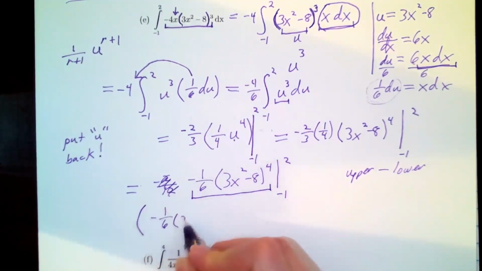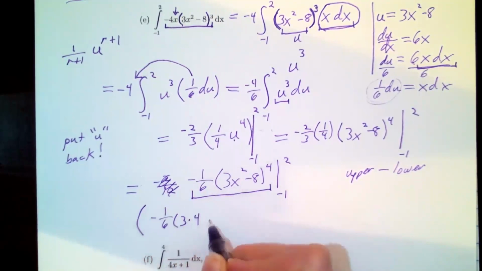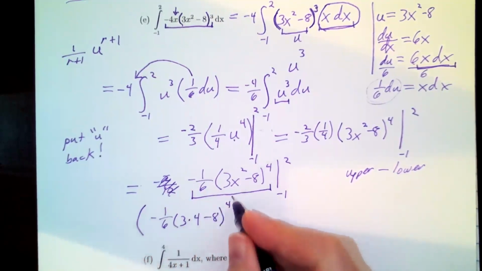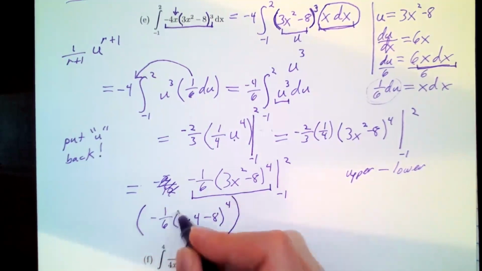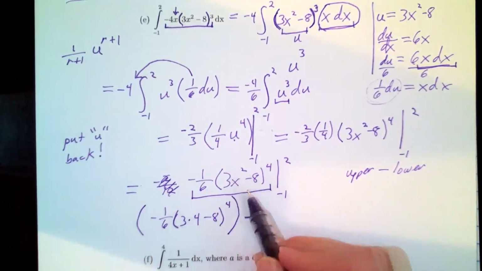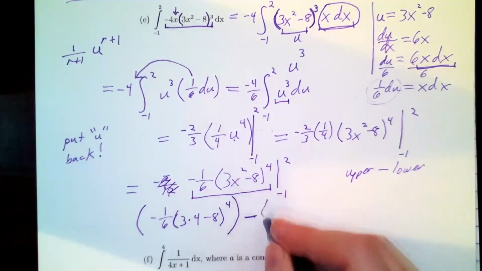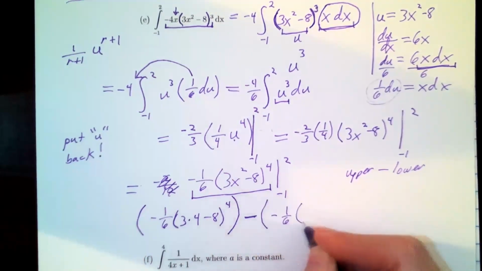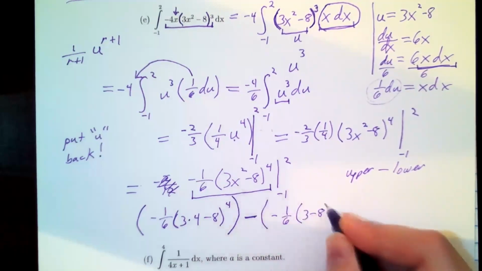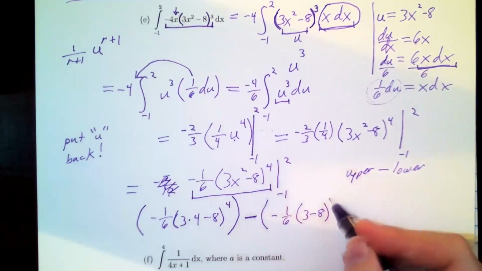-1/6, 3 times 2 squared, which is 4, minus 8 to the 4th power, minus what you get when you plug in the lower number, -1. -1/6, 3 times -1 squared, which is 1, minus 8 to the 4th.